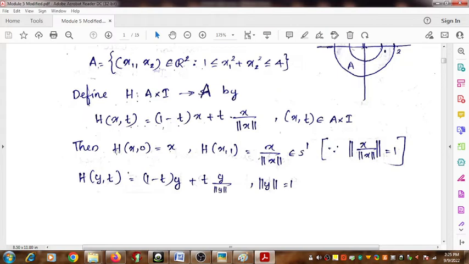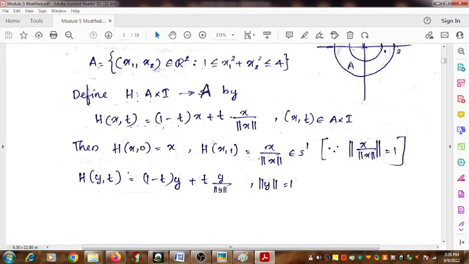Then you can verify that H(x, 0) equals x by simply substituting t equal to 0 in this expression. Similarly, H(x, 1) equals x divided by norm of x, and when you take the norm of H(x, 1), you get norm of x divided by norm of x, which equals 1.